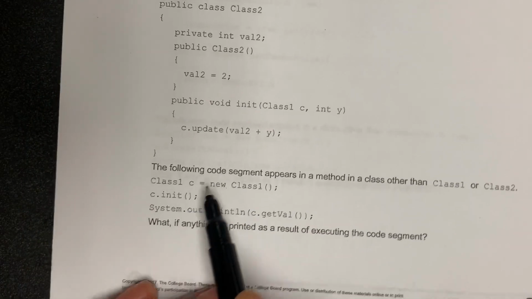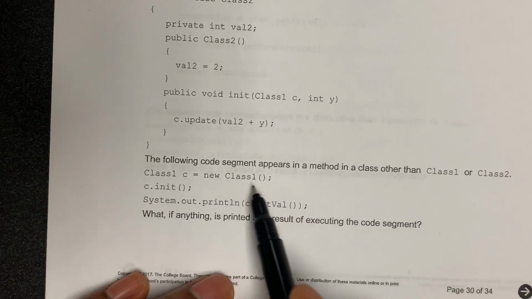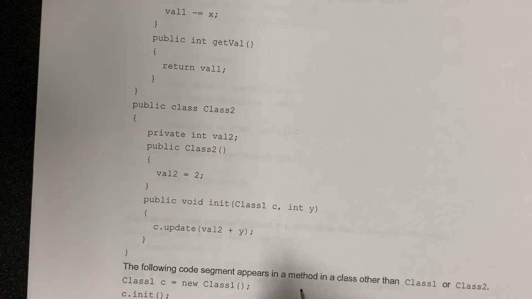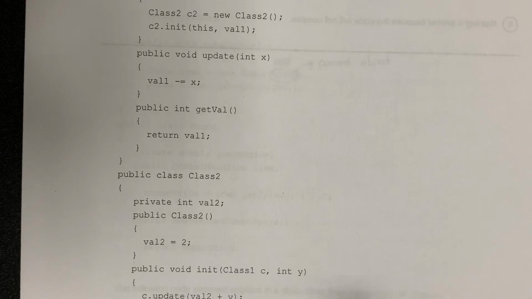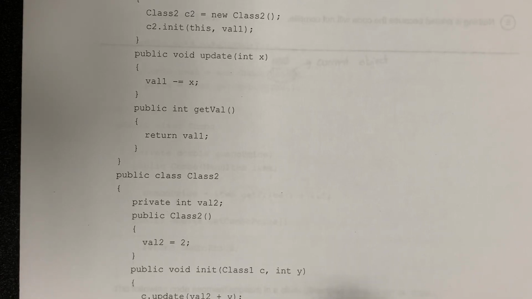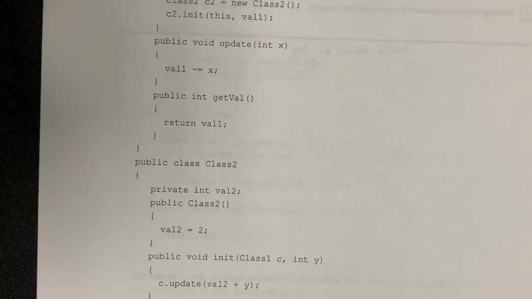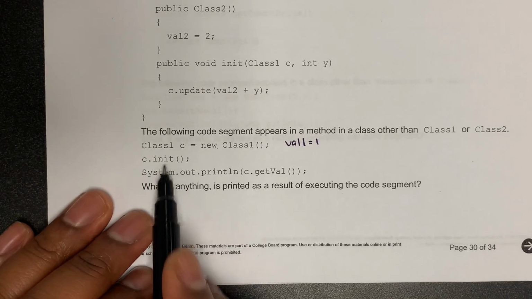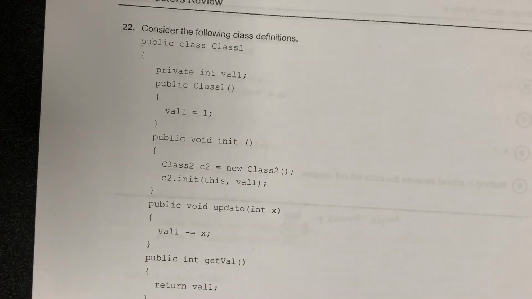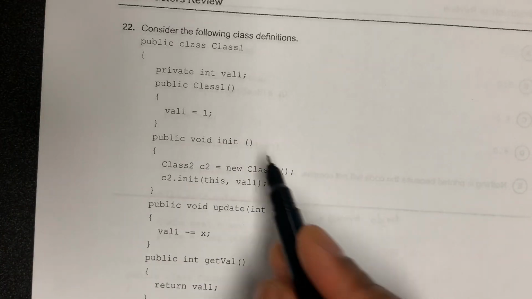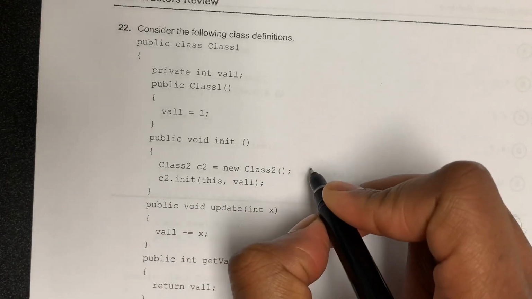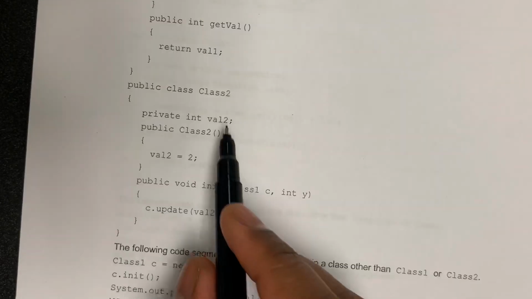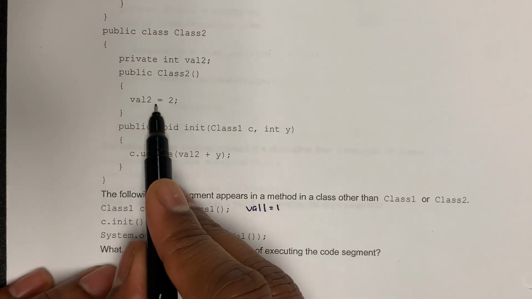So when we create our object Class1 c, right now what we have is an object where it has a single variable where we know val1 equals 1, and then we call this method c.init. So what happens when we call this method is here we're going to have a C2 object where for C2 you have val2 equals 2.